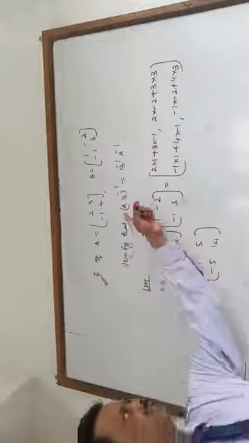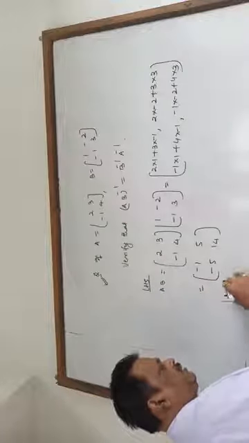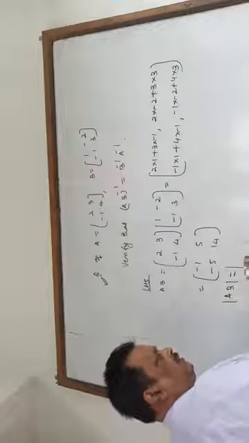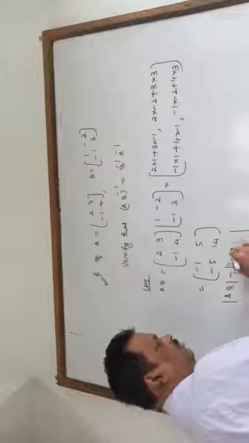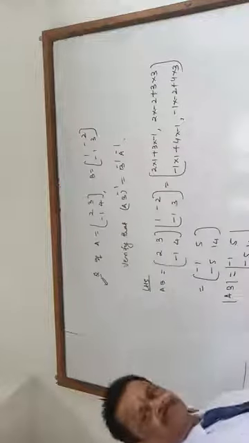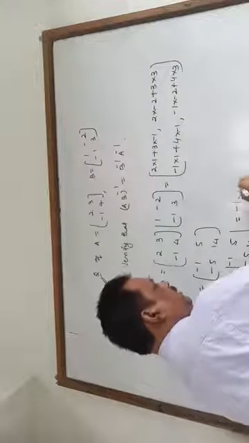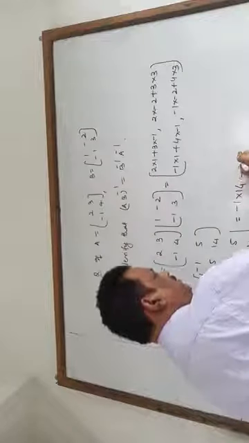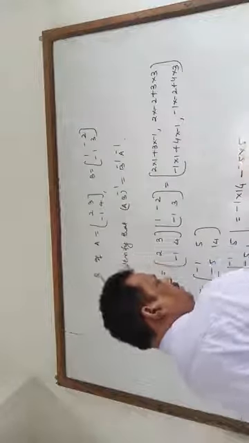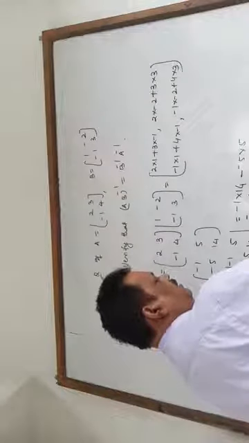For inverse, again you find the determinant of AB. So determinant of minus 1, 5, minus 5, 14. So minus 1 into 14 minus minus 5 into 5, that is minus 14 plus 25, that is 11.